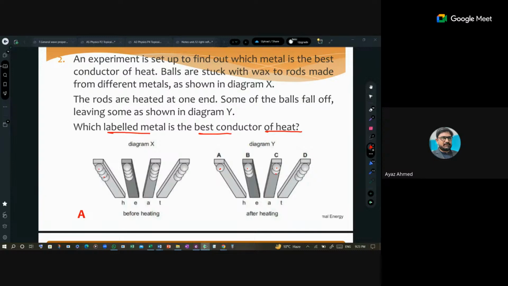In the metal where the wax is still solid, the balls are still attached.